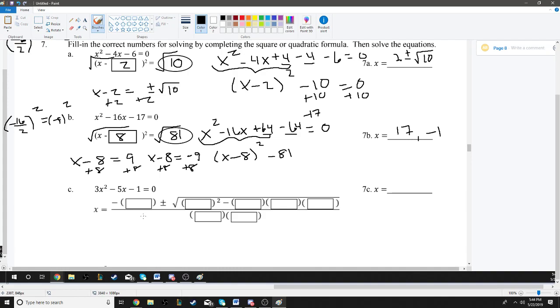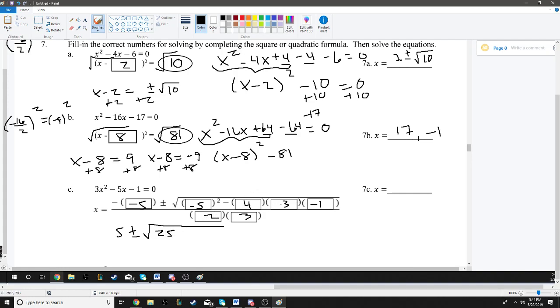For part C, they want us just to put in the quadratic formula, so start plugging stuff in. Minus 4 times a times c all over 2 times a. So this becomes positive 5 plus or minus the square root of 25.